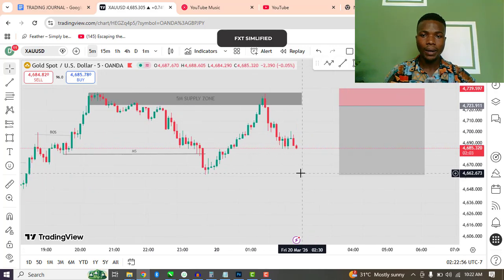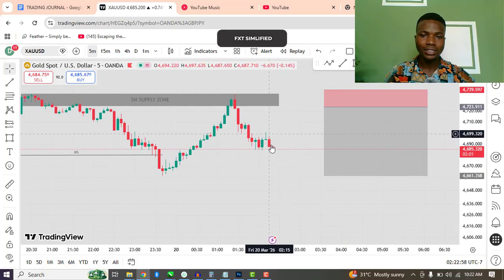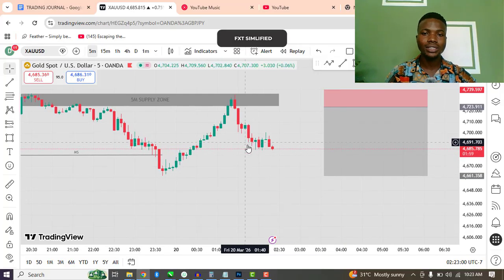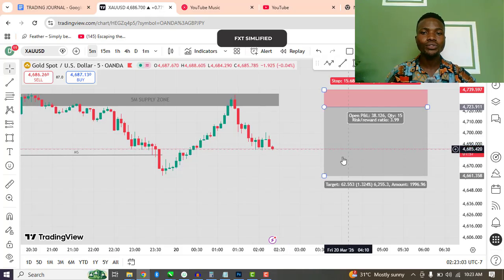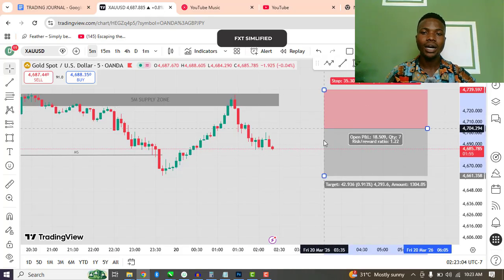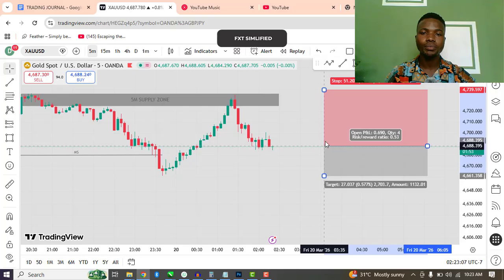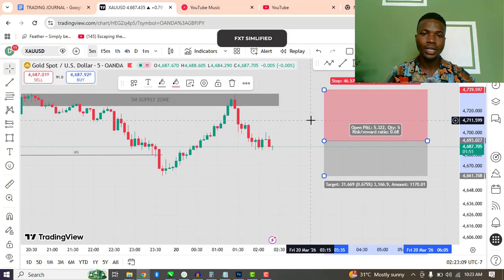Right now we can see that price is more like consolidating around this zone, because I would love to enter where price will not easily take me out.